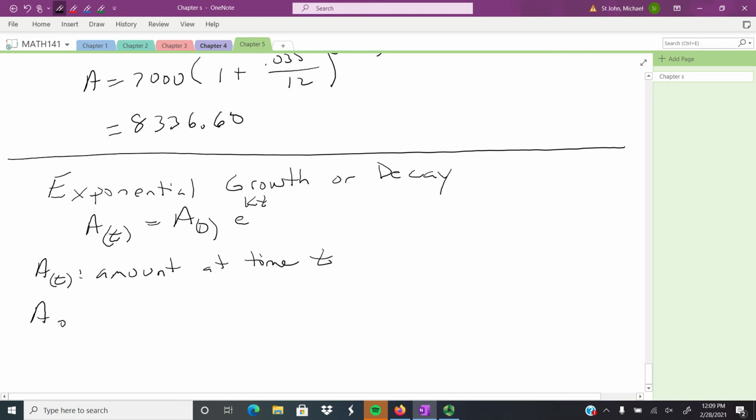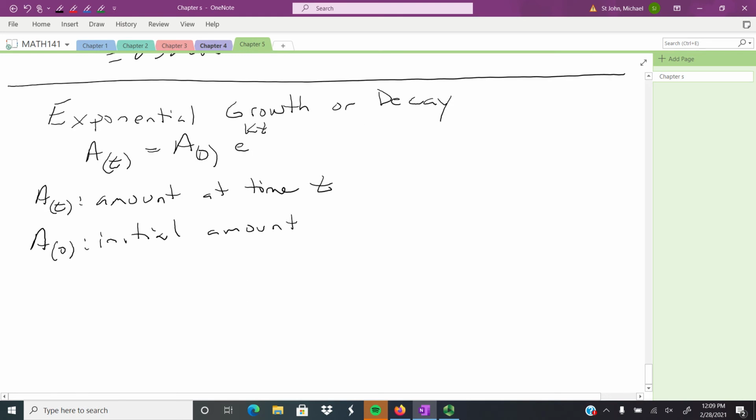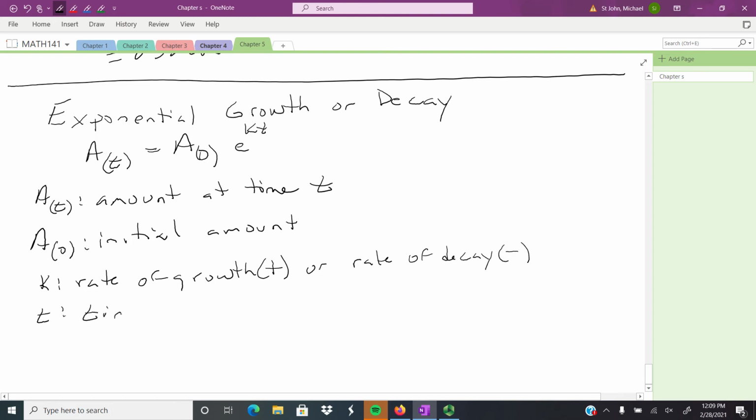A naught is the initial amount. k is the rate of growth, which would then be a positive number, or the rate of decay, in which case the number would be negative. And then t is the time.